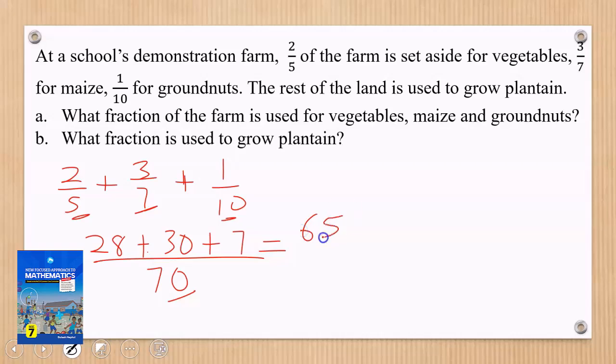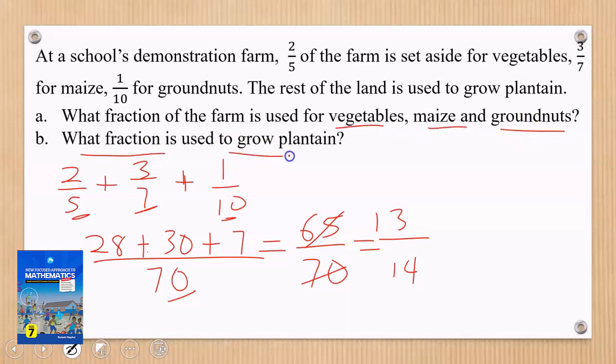So 65 divided by 70. Here 5 can divide 65 as 13, and 5 can divide 70 as 14. So the fraction for the whole is going to be 13/14. That represents the portion used for vegetables, maize, and groundnuts.